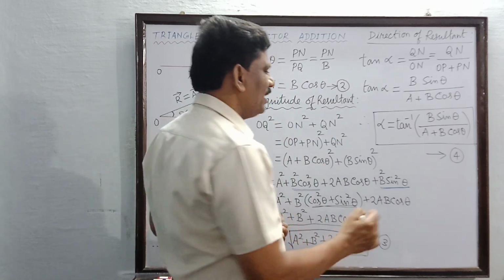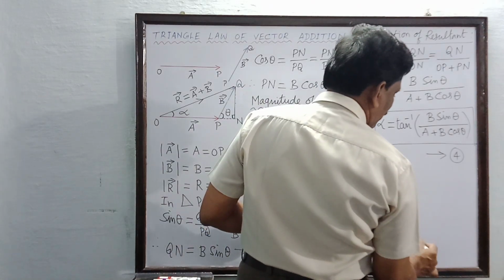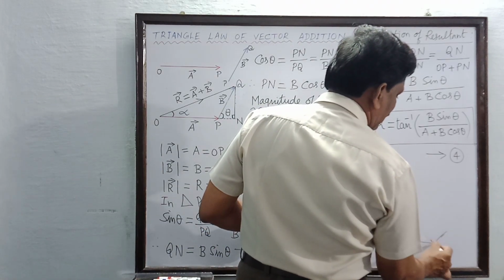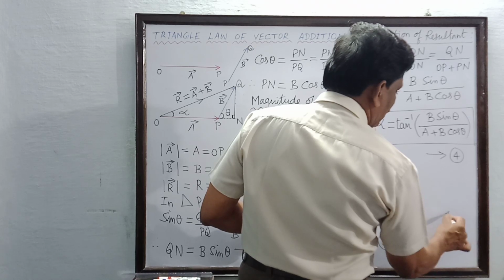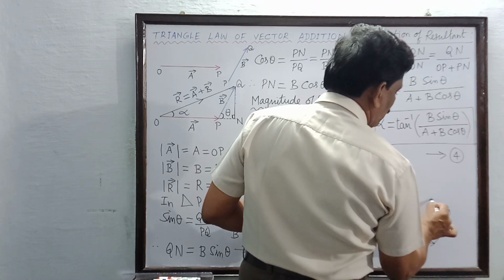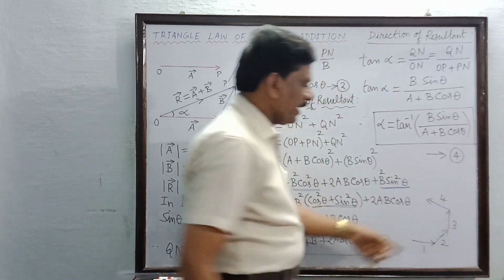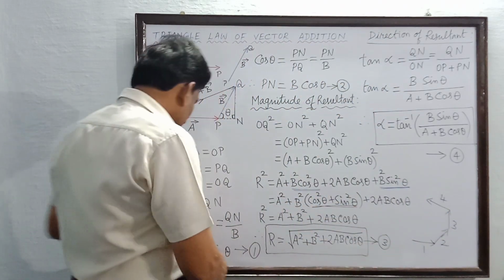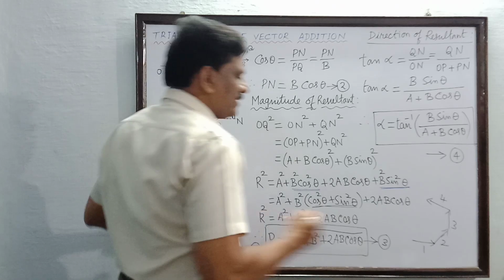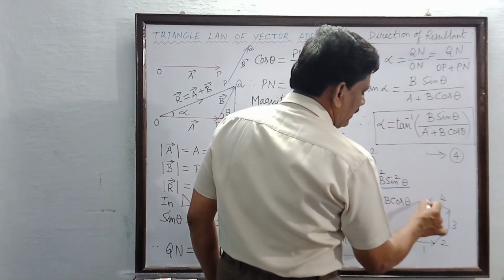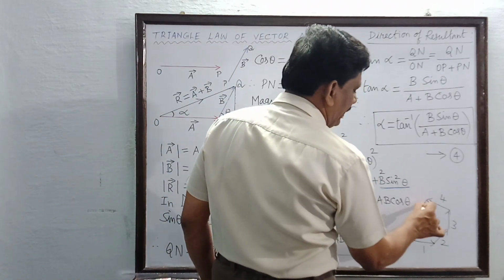Say for example, suppose this is one vector, this is the second vector, then this is the third vector, and this is the fourth vector. So vector 1, 2, 3, 4. I have shown 4 vectors. So what is the resultant of all these 4 vectors? The tail of the first vector is joined with the head of the last vector like this.